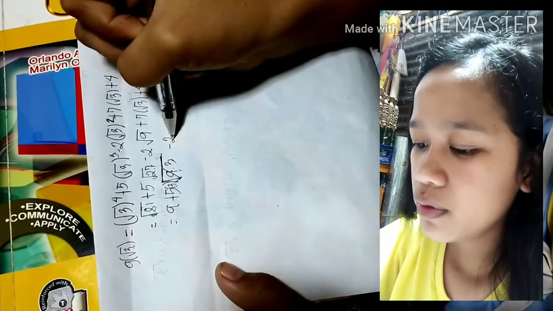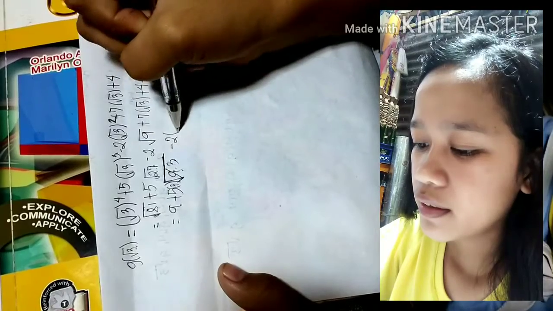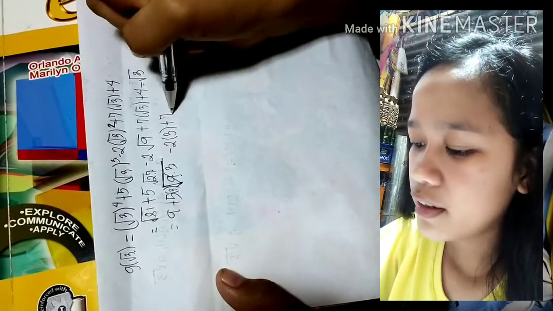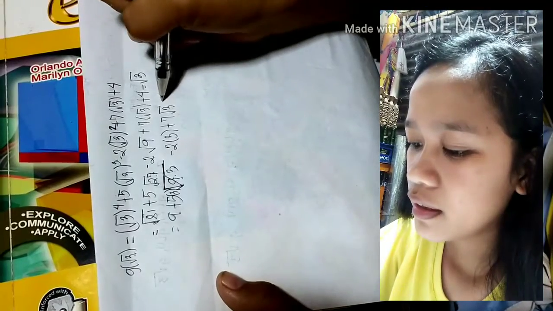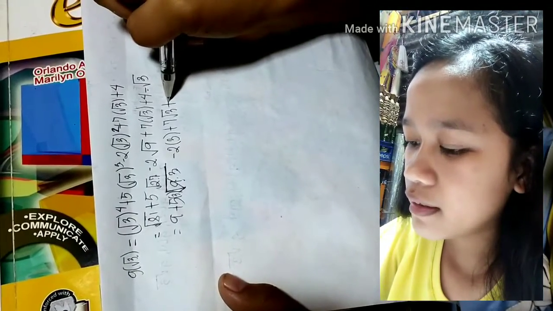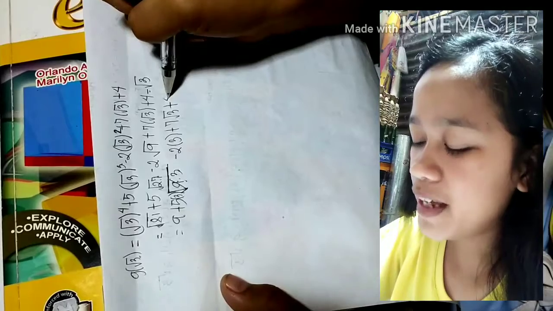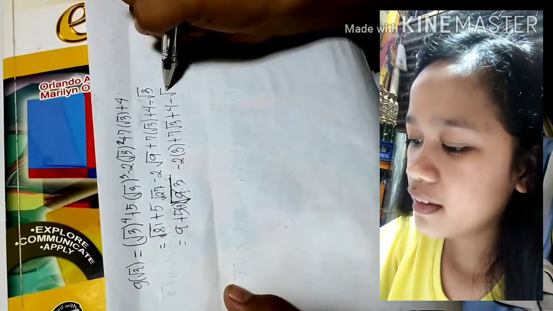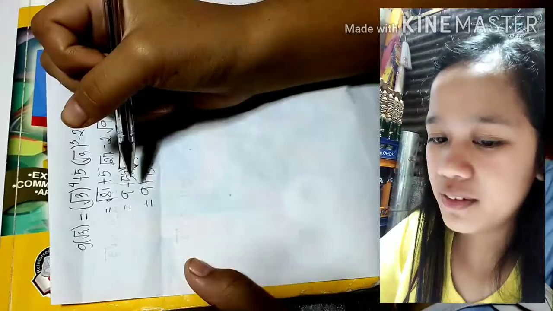And minus 2 square root of 9, the square root of 9 is 3, plus 7 square root of 3 plus 4 minus negative square root of 3.